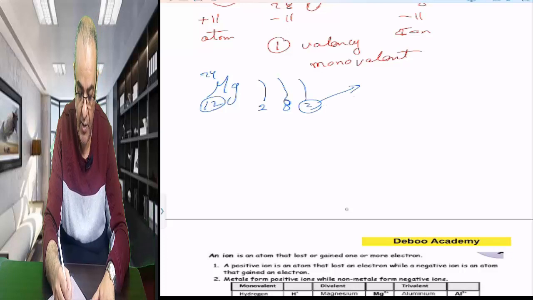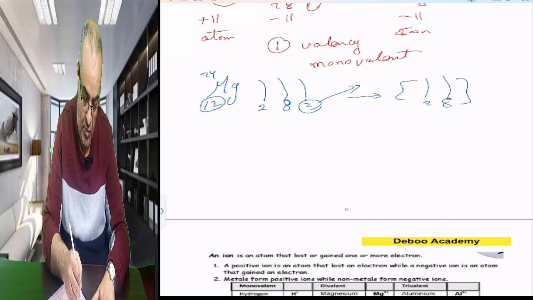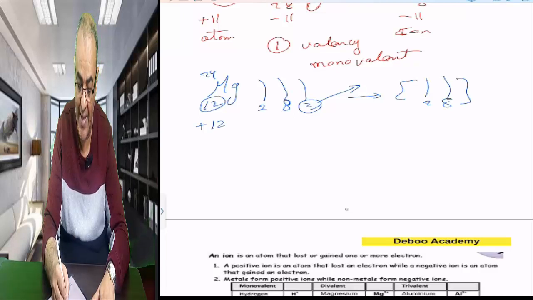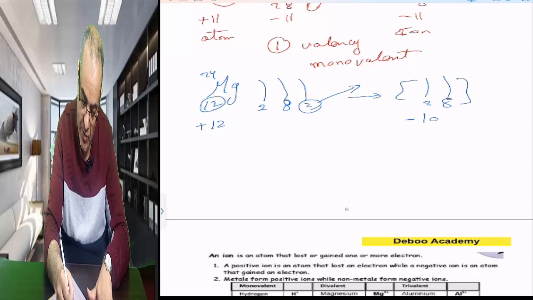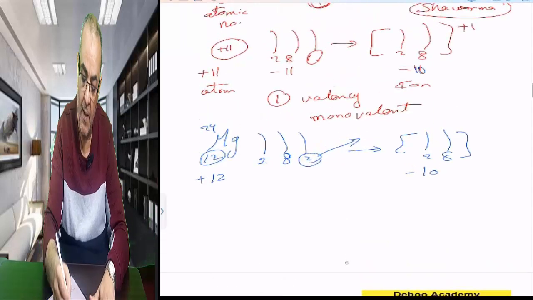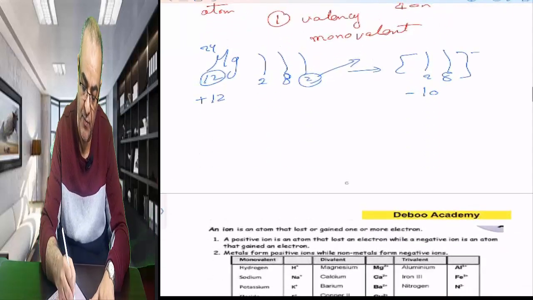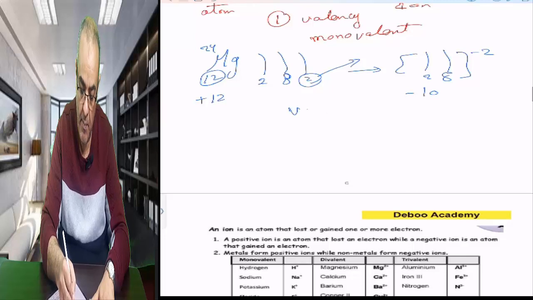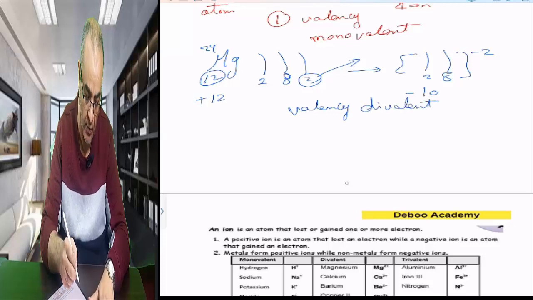So the electronic configuration will be 2, 8. Here with 12 protons and 10 electrons, as we said in sodium, it becomes a positive ion and the valency becomes divalent because it lost 2 electrons.